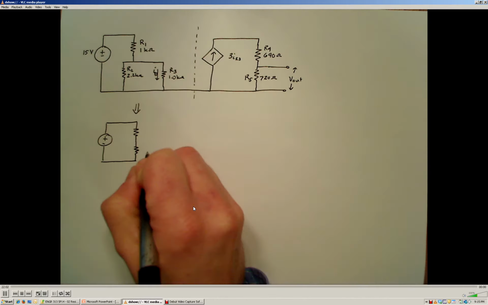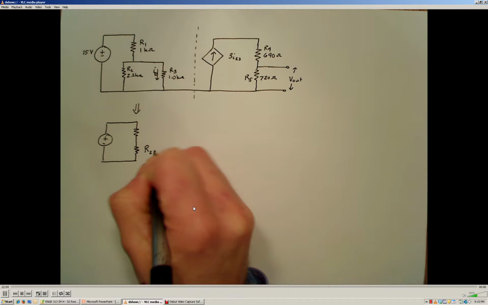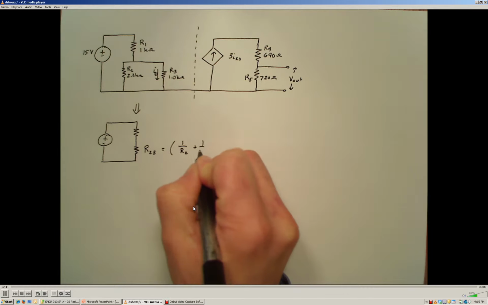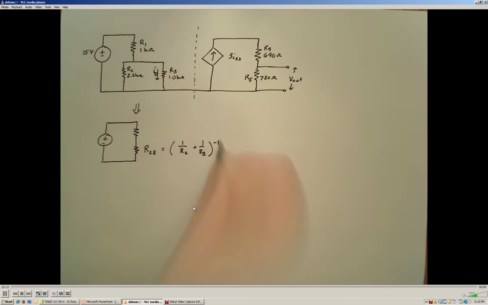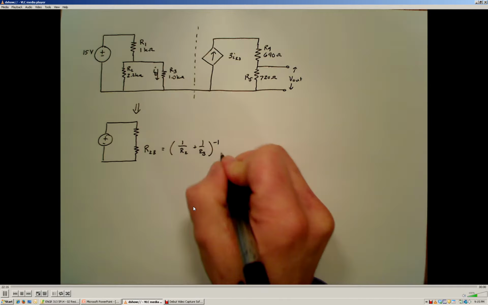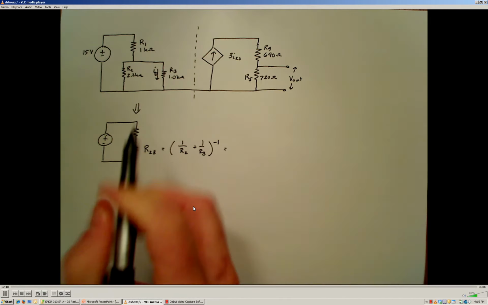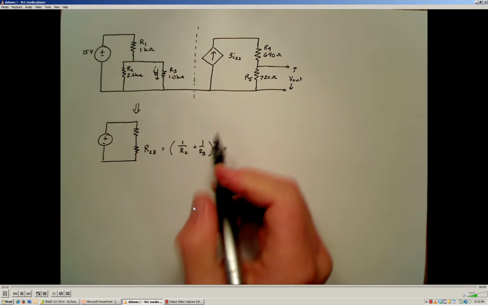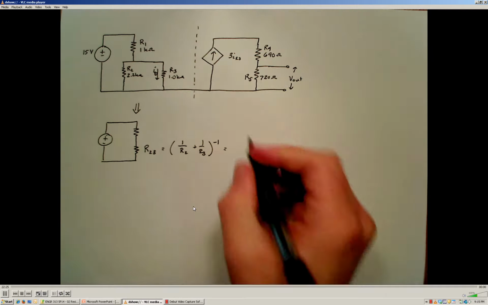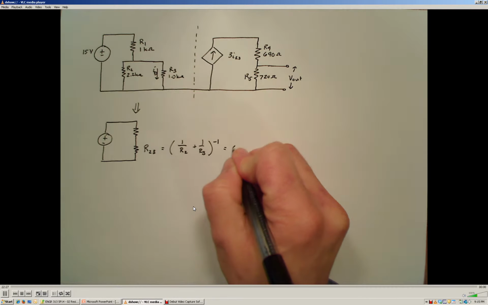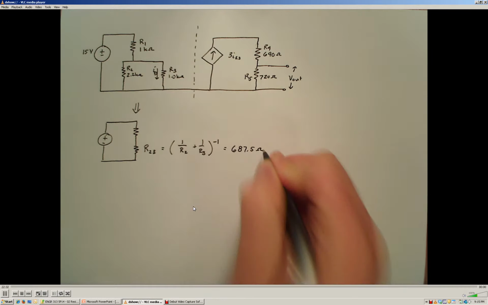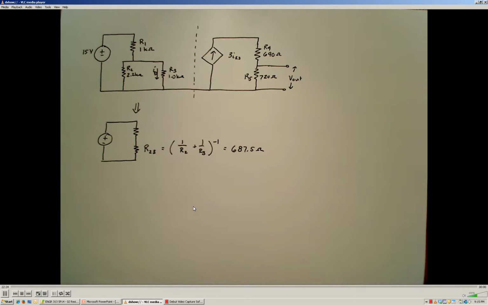So this combined R2,3 equivalent resistance is going to be the inverse of 1 over R2 plus 1 over R3. When we crunch through the numbers, since R2 is 2,200 ohms or 2 kiloohms, and R3 is 1 kiloohm, we wind up with an equivalent resistance of 687.5 ohms for R23.